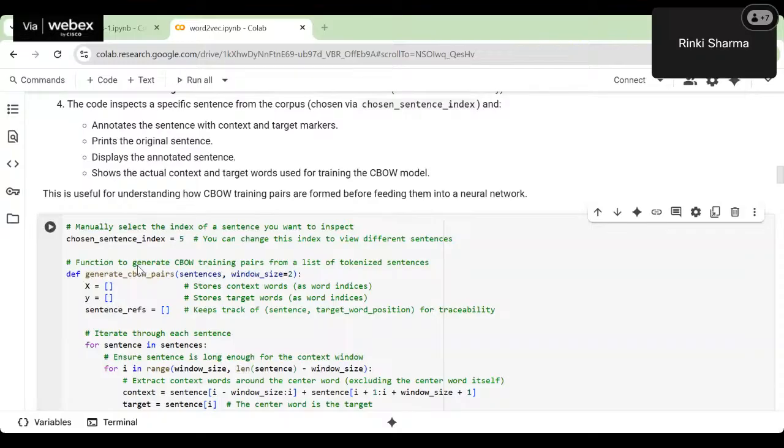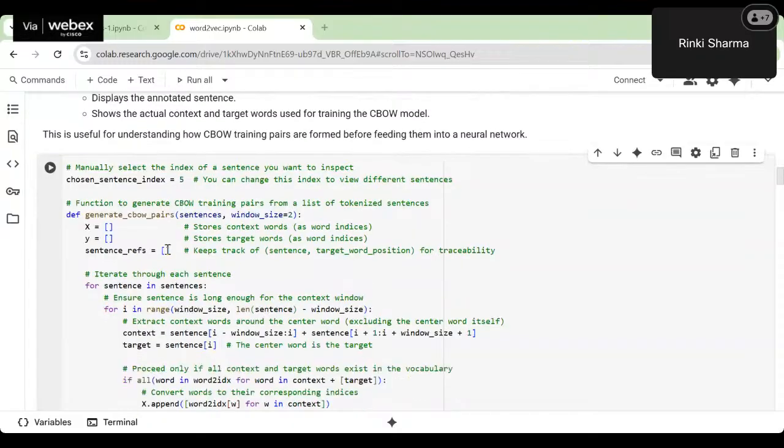Here the sentence is user defined. You can take any other sentence also. I have chosen it as 5. You can take any sentence, any index. So we have chosen a sentence whose index is 5 for the processing.